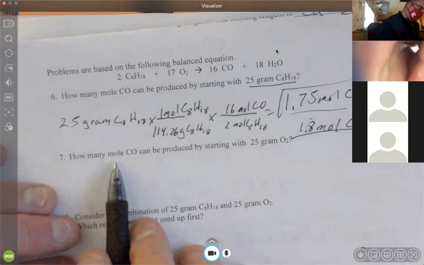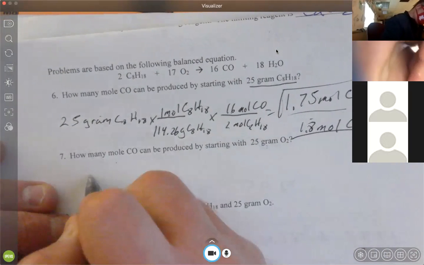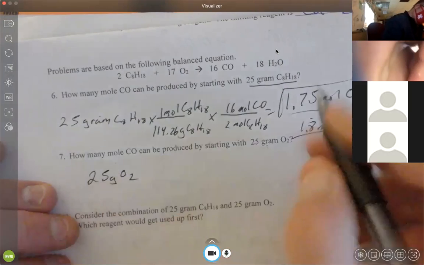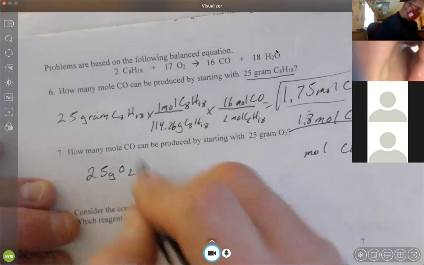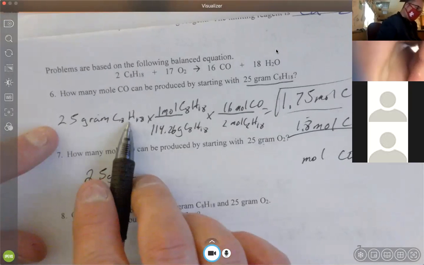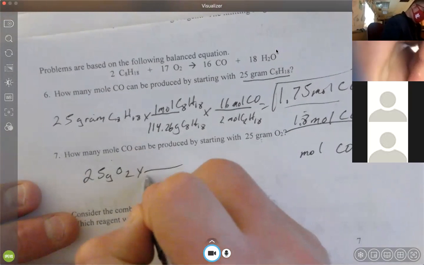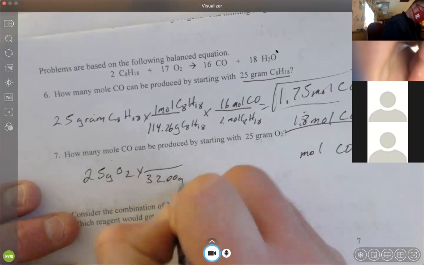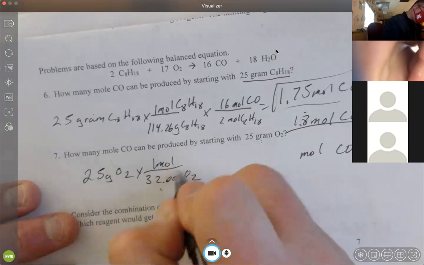Now, I'm going to check if I have 25 grams of oxygen. How many moles of CO can I make? So basically, I'm mixing 25 grams of octane with 25 grams of oxygen. Now, 32 grams of oxygen equals 1 mole of oxygen. Again, periodic table.